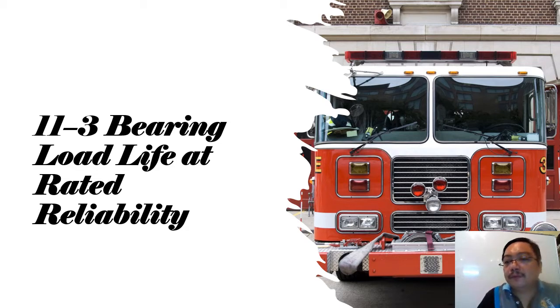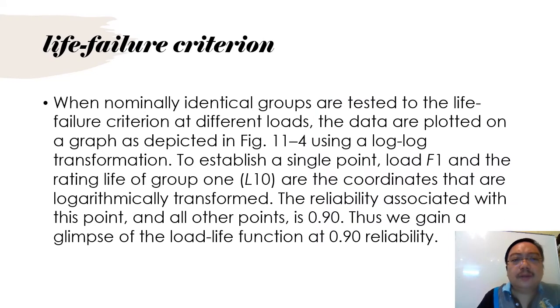Okay, so what is the life rating criterion? Normally, identical groups are tested to the life rating criterion at different loads, and the data is plotted on a graph using log transformation to establish a single point, load F1 at a rating group of 1, with coordinates that are logarithmically transformed.